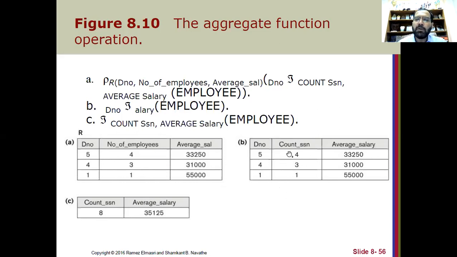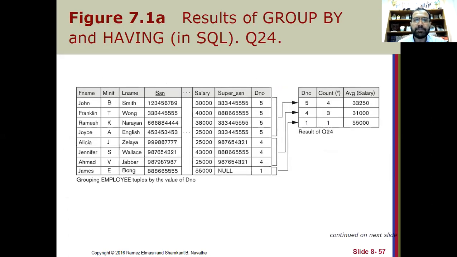The same value will come because the SSN also represents the employees. That is why you have the same values over here. And here you can see the total number of employees, that is 7 plus 1, which is 8. The average salary of all these 8 employees will be 35,125. In whatever manner, here you have used the department as a group, but you can also apply these queries with respect to projects as well, and you can see the results.